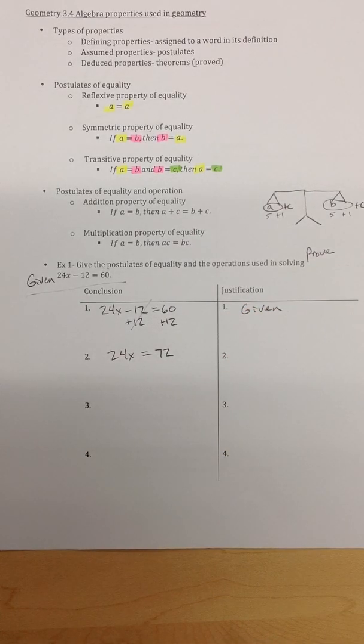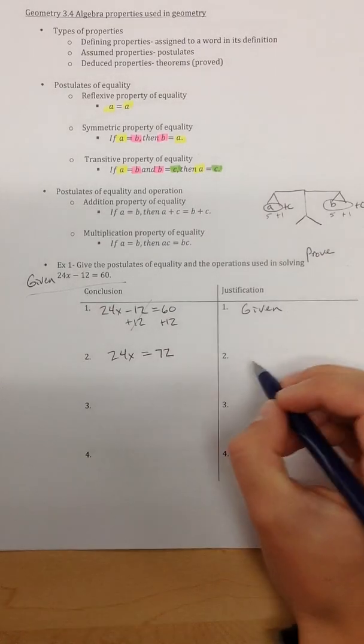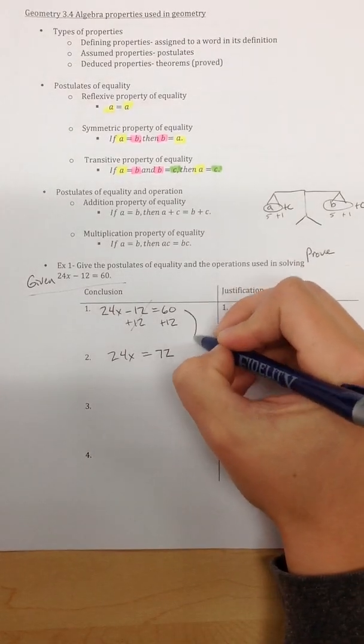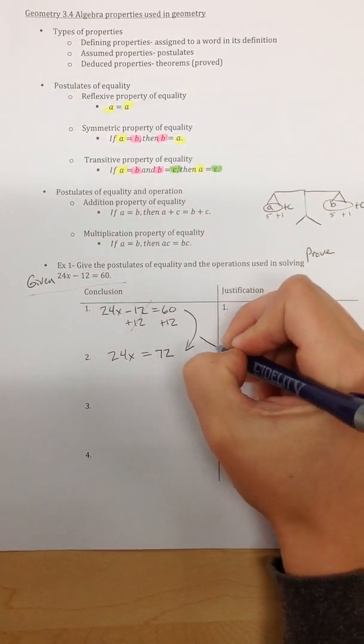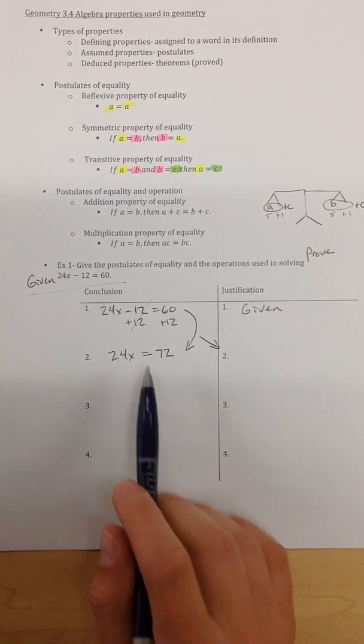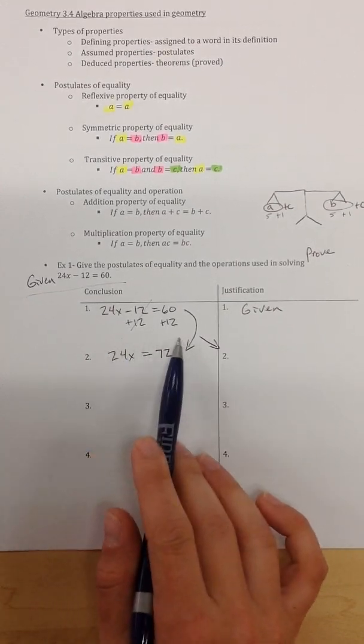So then here, to give my justification, I have to see how I went from this step to this step, and that'll give me my justification for there. So if I look there, I added the same thing to both sides.